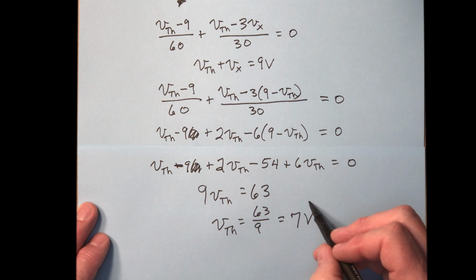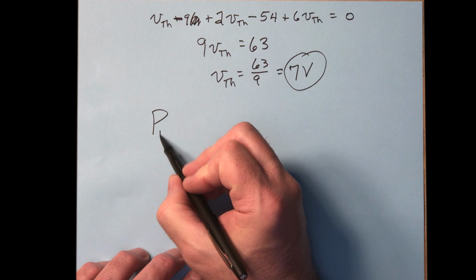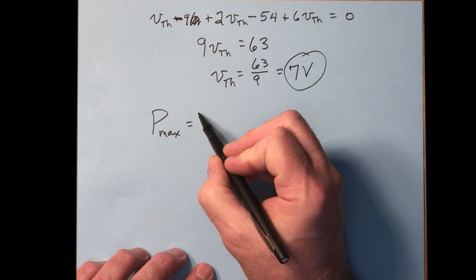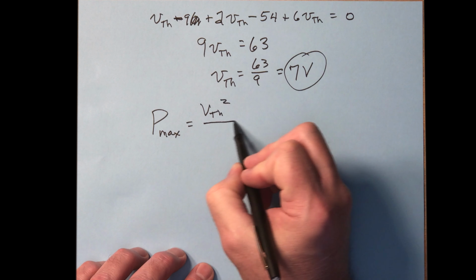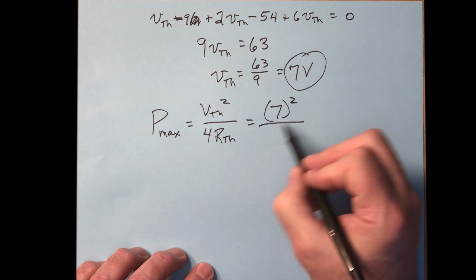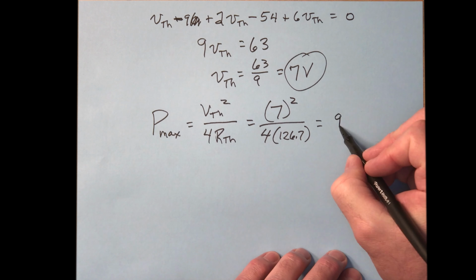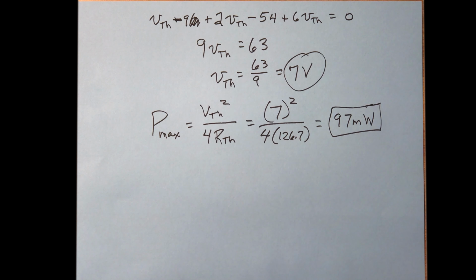So there's our VTH value. Now that we've got VTH, we can compute the maximum power. So P max is equal to VTH squared over 4 RTH. That gives 97 milliwatts. So 97 milliwatts is the maximum power that we can possibly transfer to the load if the load resistance is equal to the Thevenin resistance.